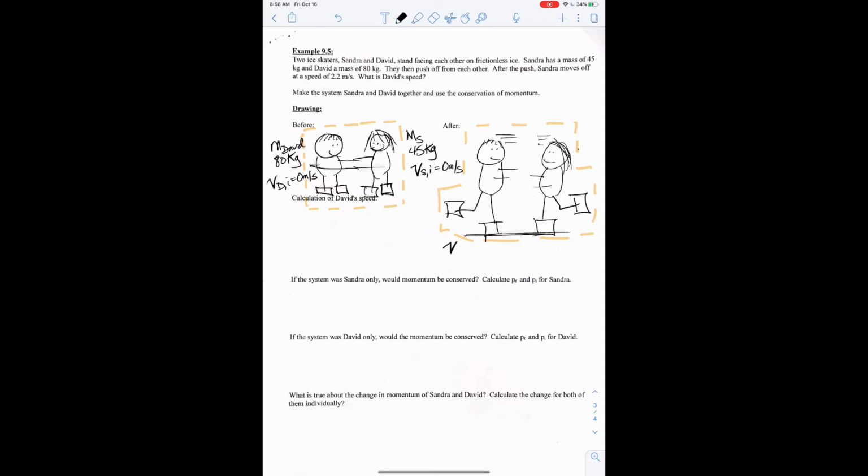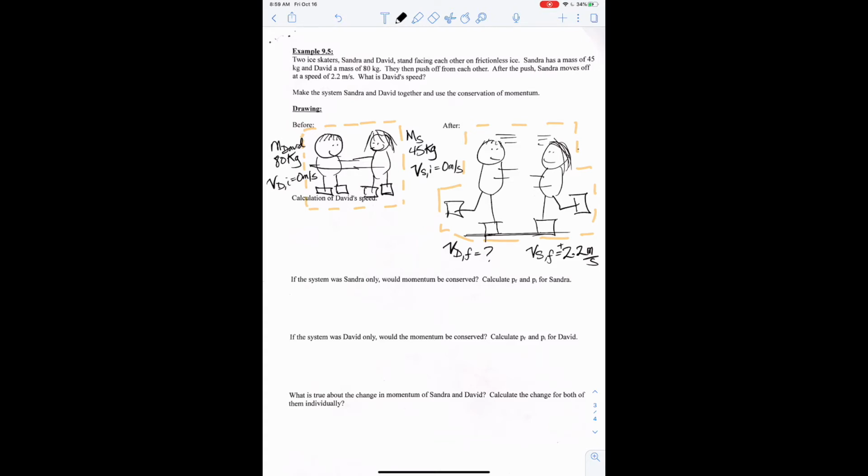We don't know David's final velocity, and we know Sandra's final velocity is equal to positive 2.2 meters per second. So total momentum is conserved, and that's kind of the idea here.